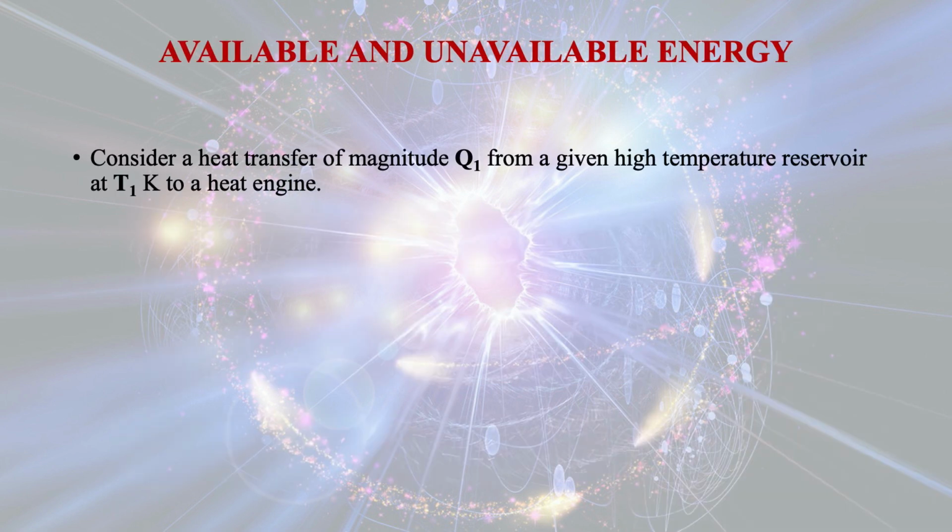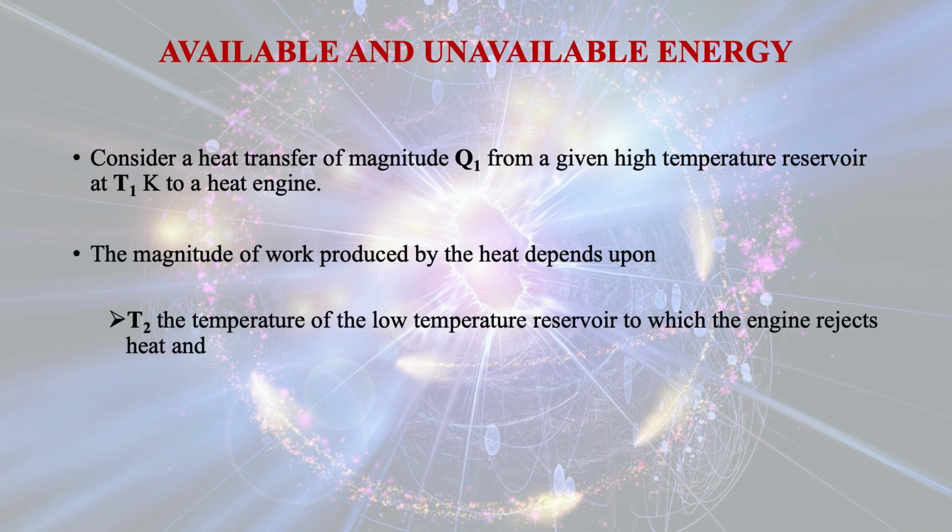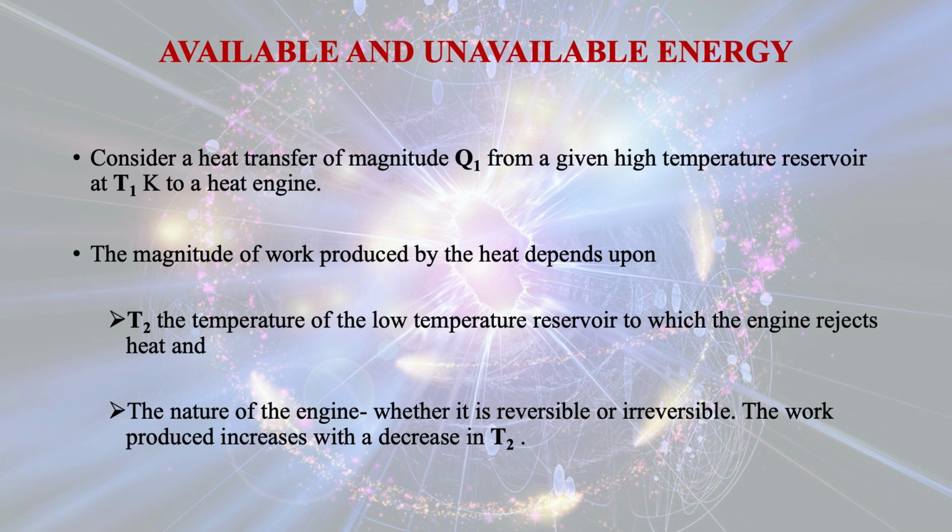Consider a heat transfer of magnitude Q1 from a given high temperature reservoir at T1 K to a given heat engine. The magnitude of work produced by the heat depends upon T2, the temperature of the low temperature reservoir to which the engine rejects heat, and the nature of the engine, whether it is reversible or irreversible.